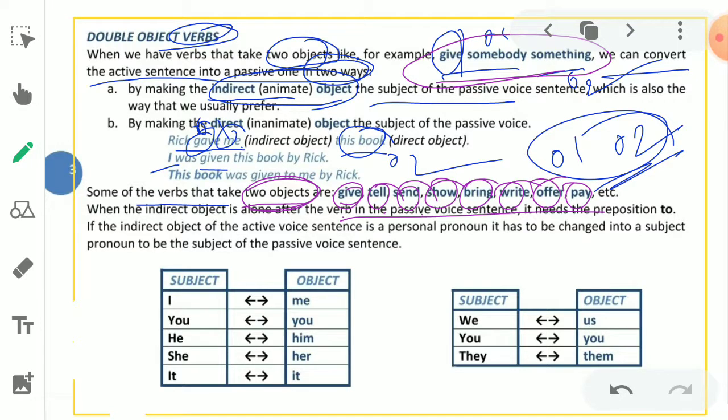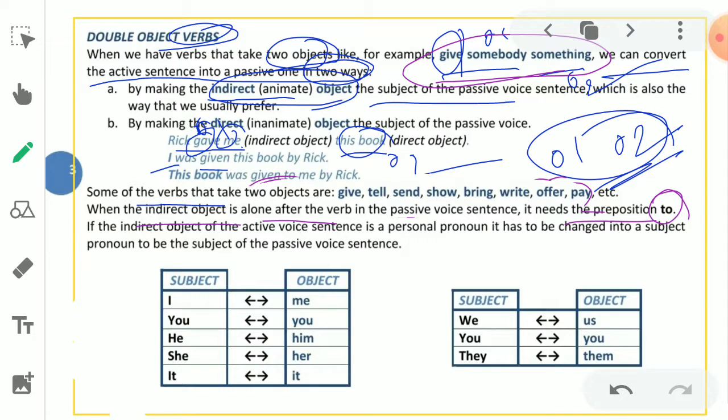When the indirect object is alone, the verb in the passive voice sentence needs the preposition to.